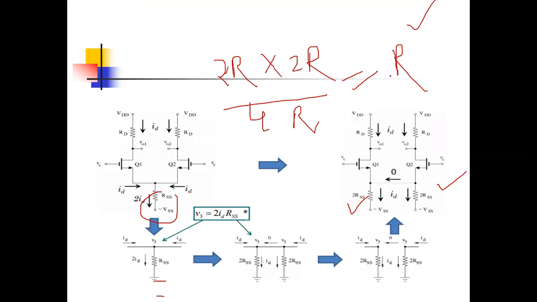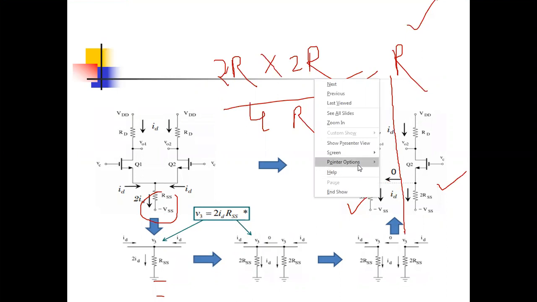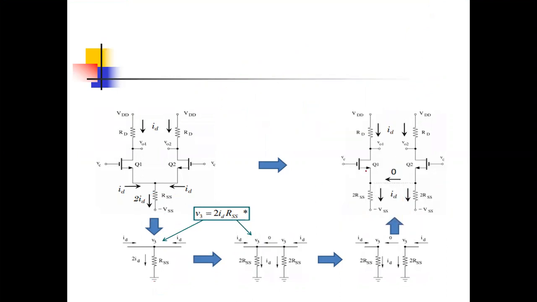Now it is divided into identical sections. Okay, so this is the case of a common mode signal. This R is divided into 2R parallel to 2R, meaning now this is divided into two equal stages.